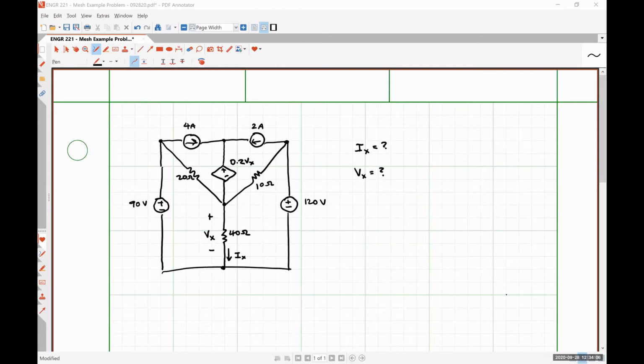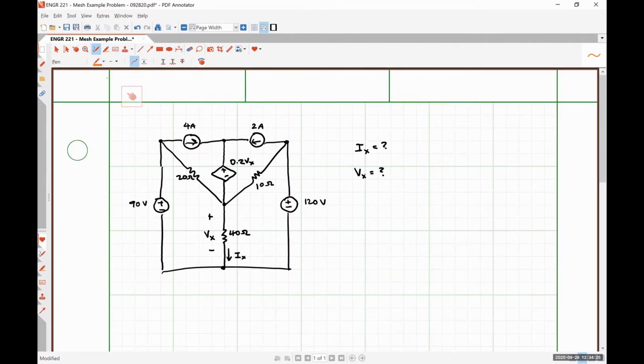All right, so the lecture for this material was about mesh analysis. So what is the first step of mesh analysis technique? Anybody recall? Identify our meshes.